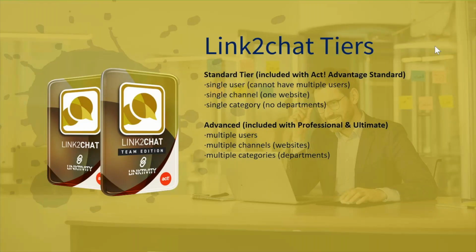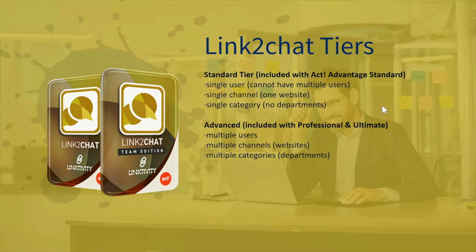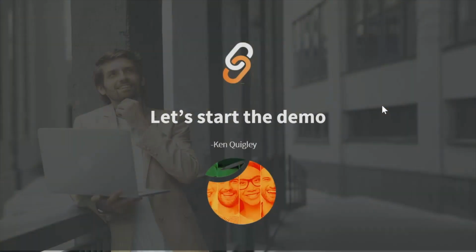They can actually drill down directly based on the advanced features of Link2chat. They can drill into exactly who they want to speak to. Okay, so with that, let's get into the webinar.